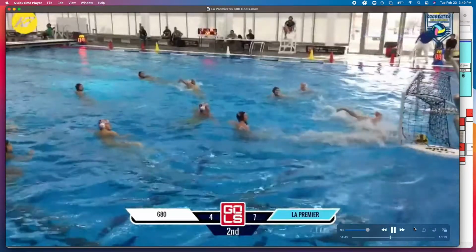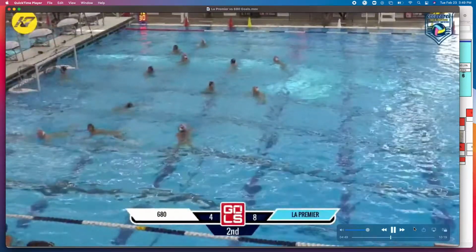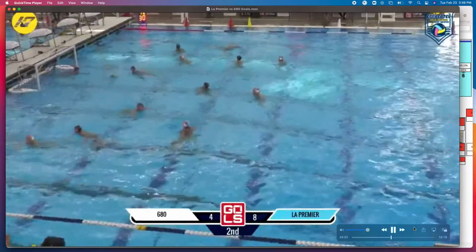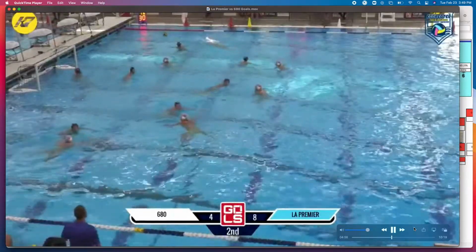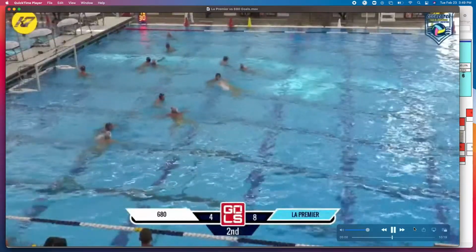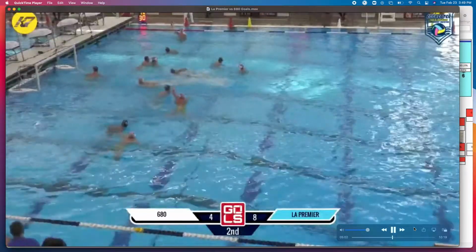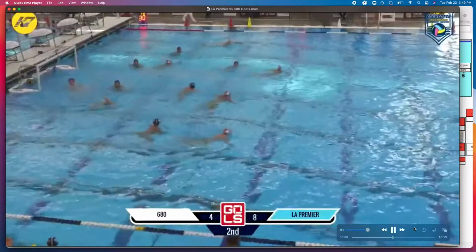That's in. Number 12. Shot deflected out by Dean Strausser, looking for a 2-meter restart. Comes through, delivers it to the hands of Grant.